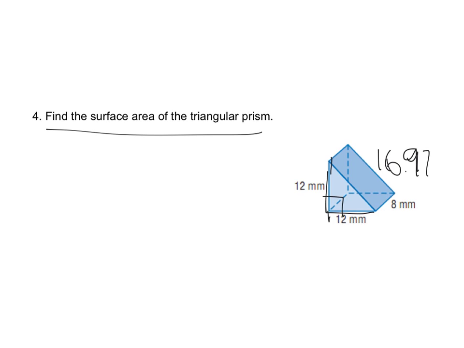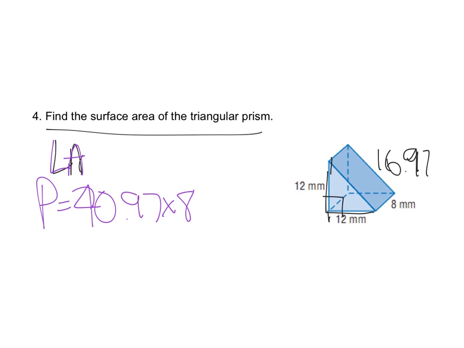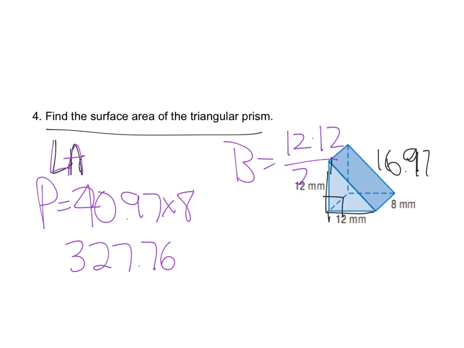So lateral area, let's change gears here. Lateral area, so perimeter of the base is going to be 40.97 times the height of 8. So that's 327.76. And then the area of the base is going to be 12 times 12 divided by 2.